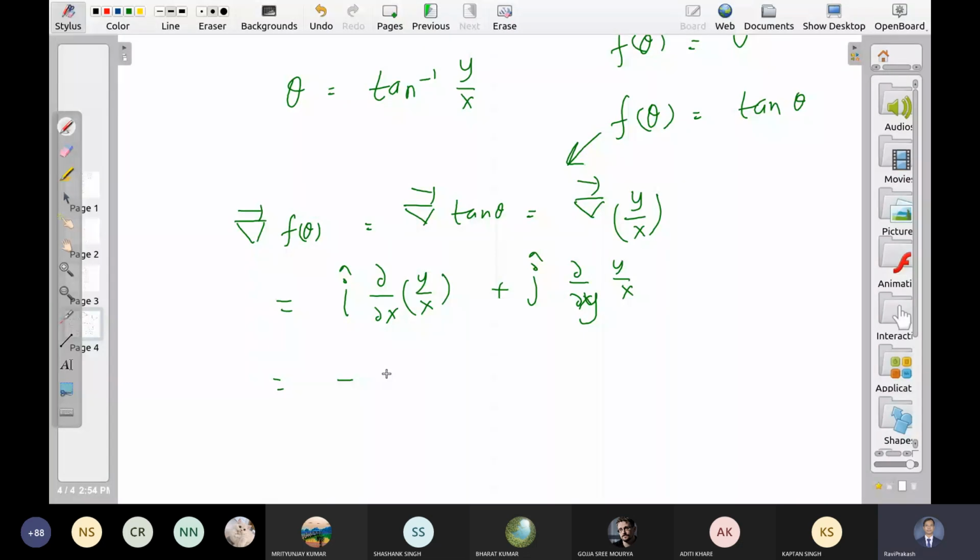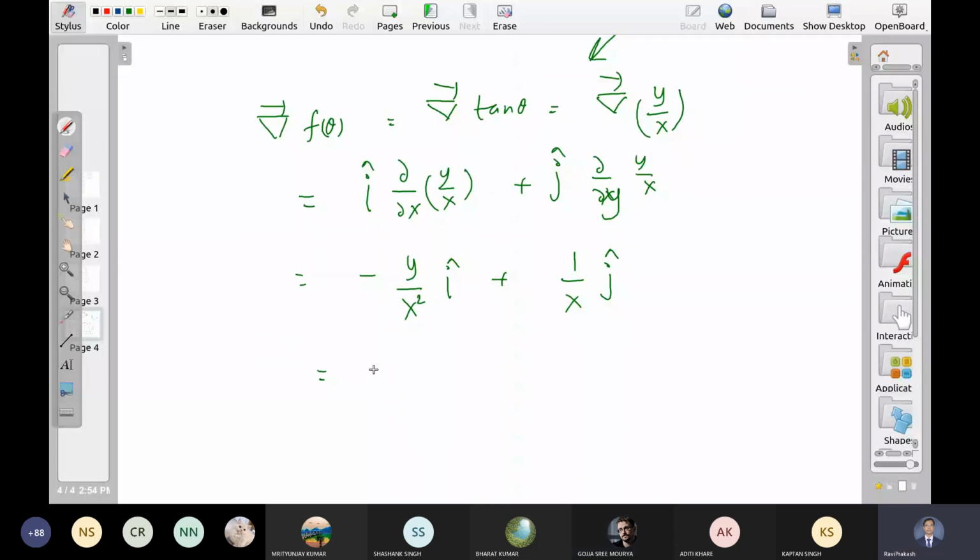यहां से क्या मिलेगा आपको? j cap by x. Right? Or I can also write it to make the life simple. Take 1 by x square out: minus y i cap plus x j cap.